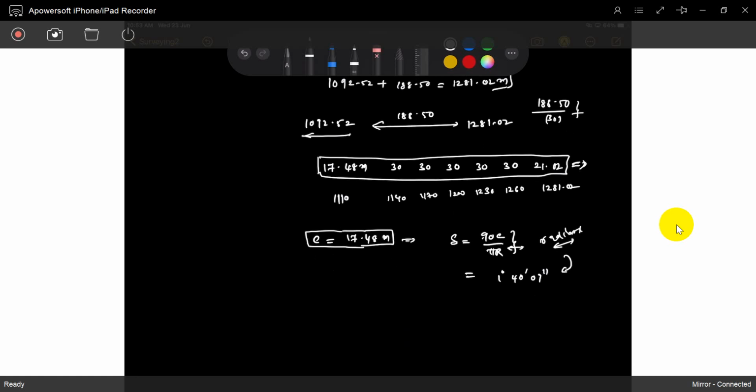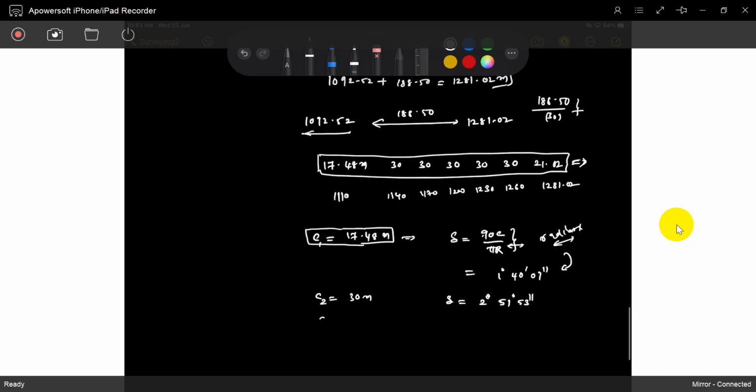Next, C1 is this, C2 is 30 meters. For 30 meters, what is the value? This is 2 degrees 51 minutes 53 seconds. So C2, C3, C4, C5, C6, everything is equal. Understood?